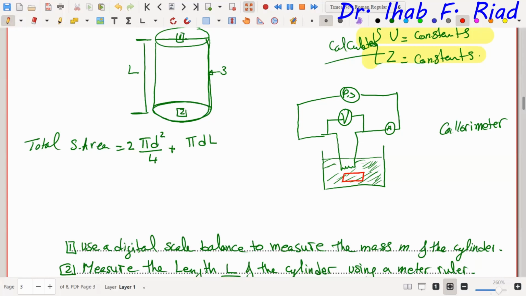Are you following? Yes. We also have a thermometer, right? Yes.